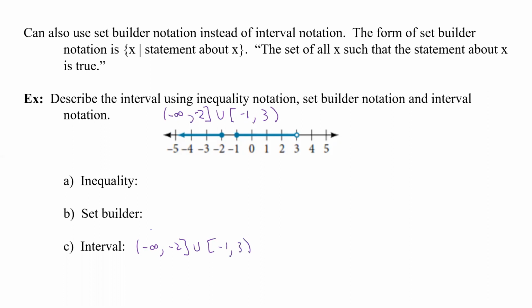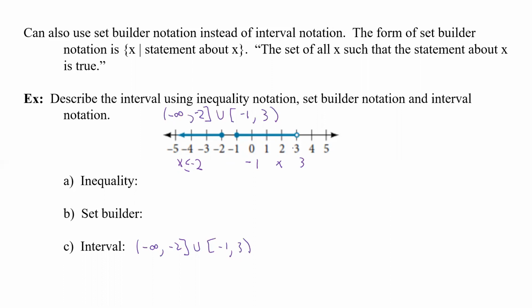But now we also have to think about what is an inequality form of that. Well, here, we kind of have to start and say, okay, this is the whole part here. So x here is going to be what? Well, it's going to be less than or equal to -2. And then this one has to be between two things. So something between -1 and 3, and x is going to be between them.